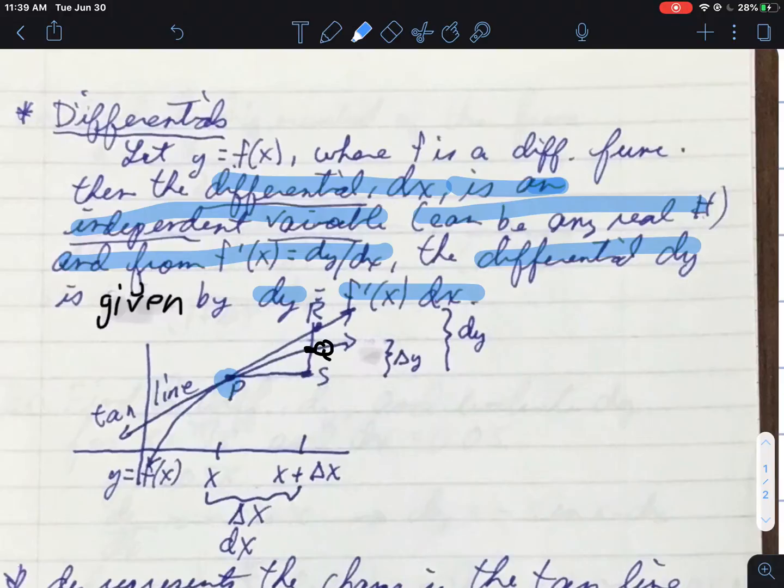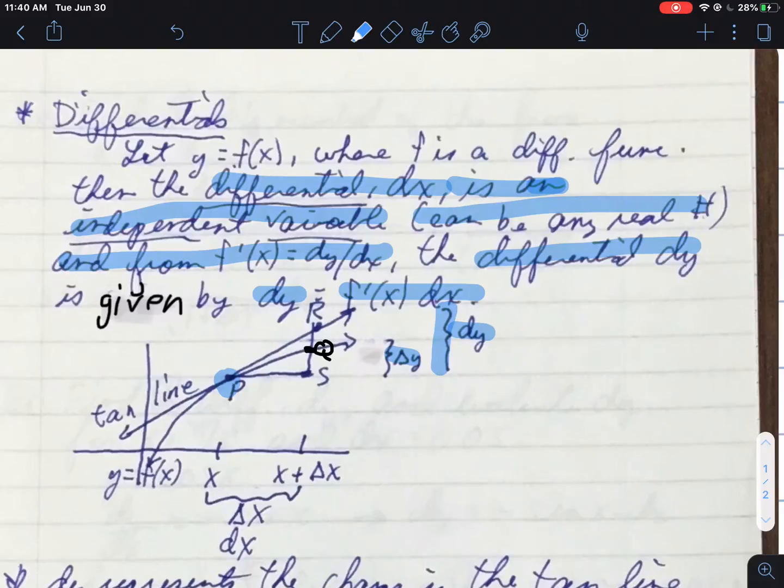All right, so I've got a bunch of things labeled here. So there's two things I'm going to talk about: the change in y with respect to the tan line, but also the change in y with respect to the actual curve. So you notice over here I've got this delta notation, that capital delta, the triangle delta y, and then our dy. So here's our dy, which is the change in y with respect to the tan line.